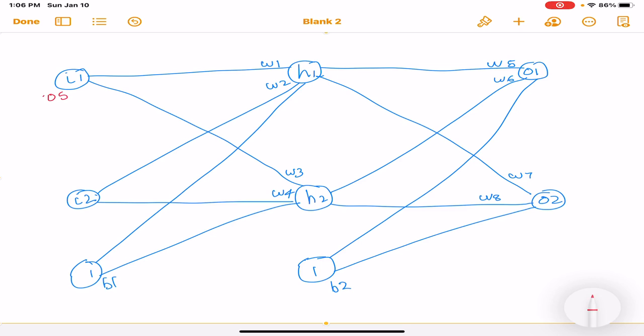The input I2 is 0.10. And then the output which I expect, my target output from O1 is 0.01 and my target output from O2 must be say 0.99.